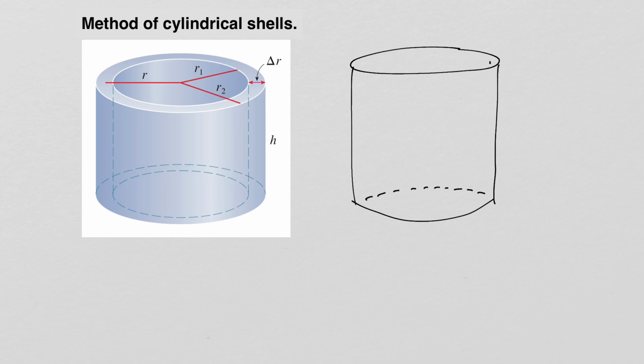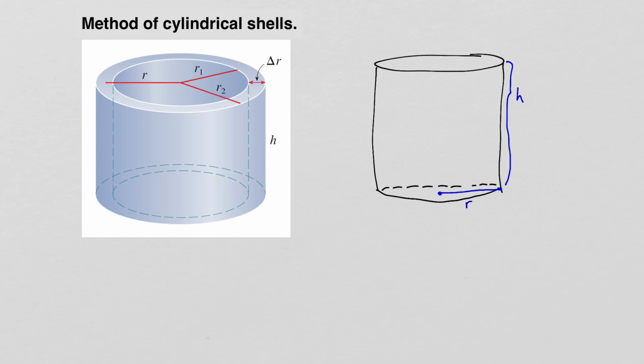So if I just look at a particular thickness all the way around, and we do that same thickness uniformly down to the bottom, this is going to create a cylindrical shell. So we only have material around the outer edge of the cylinder. But even though it's a very thin piece, it still has a volume. And so we want to try to figure out what is this volume.